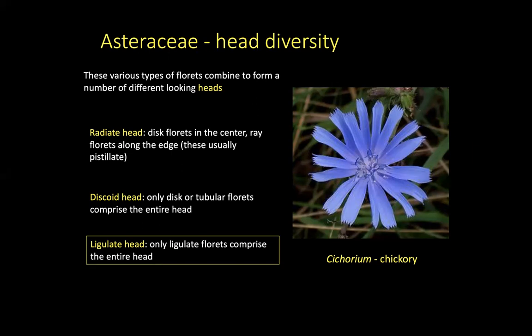So this is chicory. Dandelion fits this as well. So quickly categorizing your Asteraceae into one of these groups is important. I should say there is no type of head in which only ray florets are present. Hopefully that makes sense.